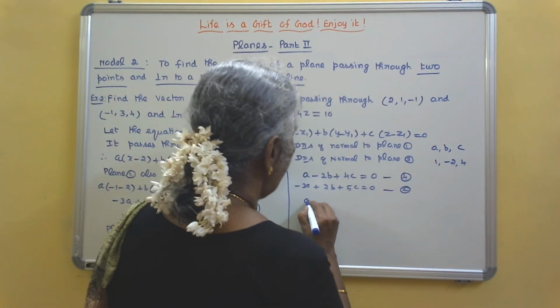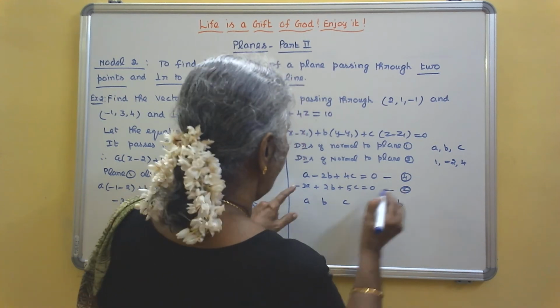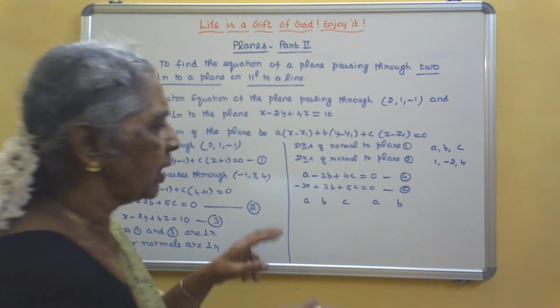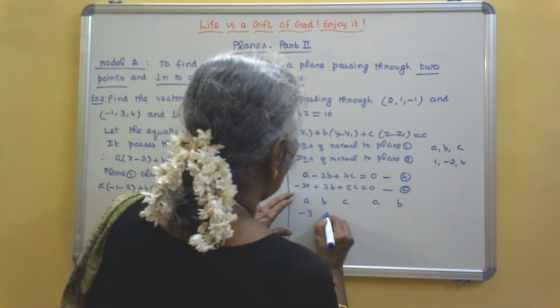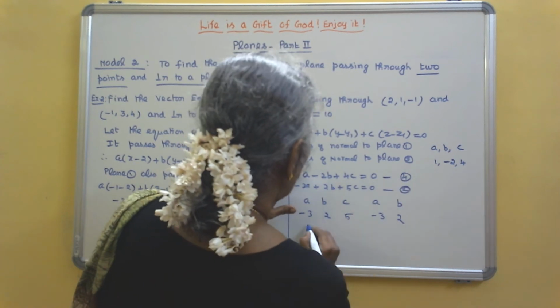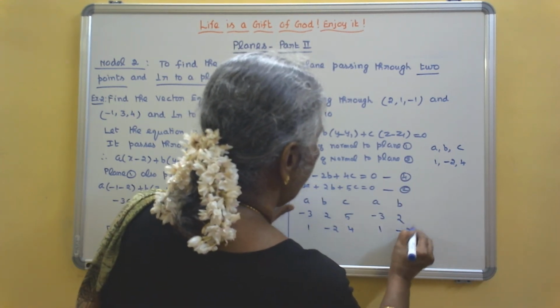So now a, b, c, a, b. First I will write 2. You can write any one, that doesn't matter because only the signs will change. So minus 3, 2, 5, minus 3, 2. Then 1, minus 2, 4, 1 and minus 2.